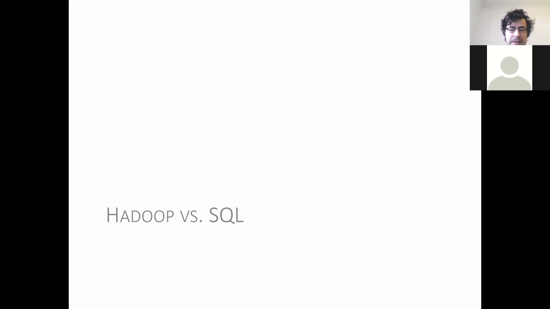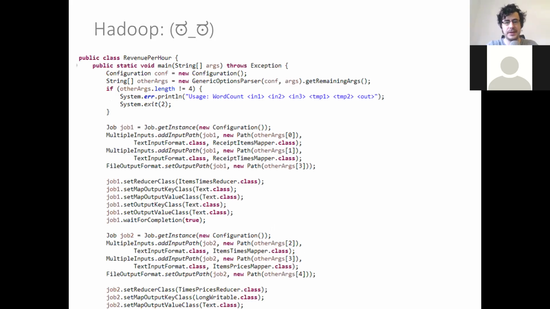So if we think about Hadoop versus SQL, in Hadoop, you have to write quite a lot of Java code, and there's quite a lot of boilerplate code, and you need to configure what are the mappers, what are the reducers you will use, whether or not you'll use a combiner, and put all of these things together. So it's maybe not the most intuitive, although it is the kind of standard way it would be done in production for coding Hadoop jobs.